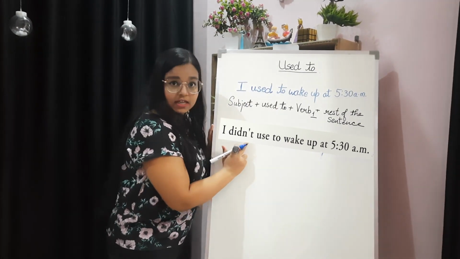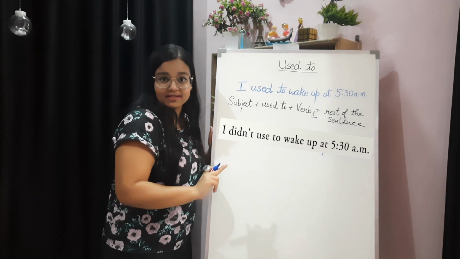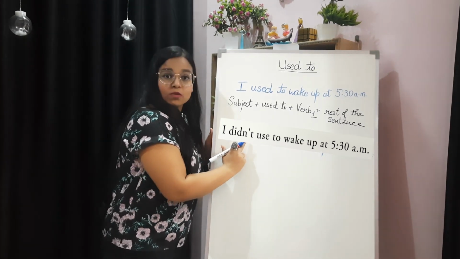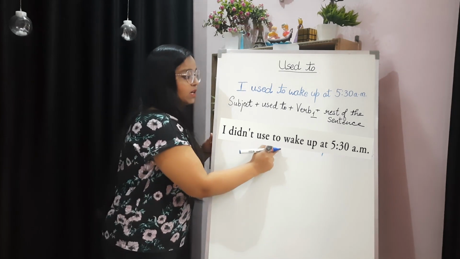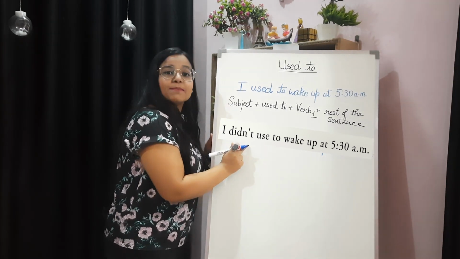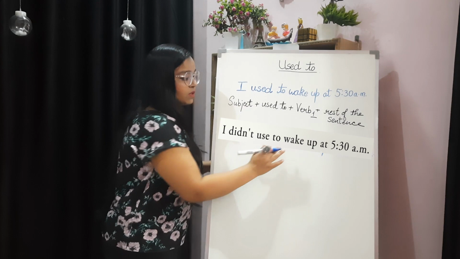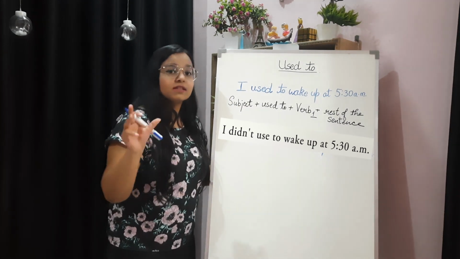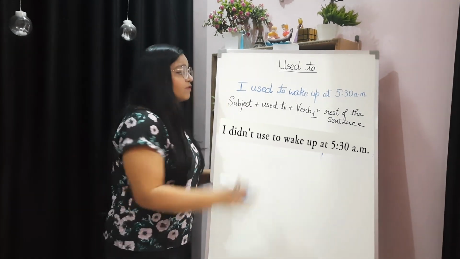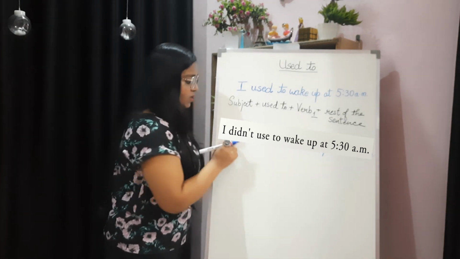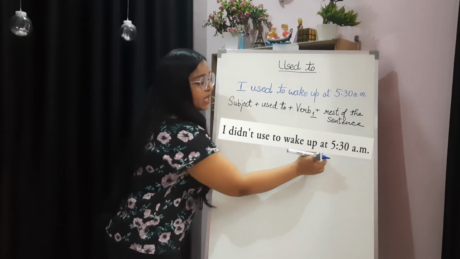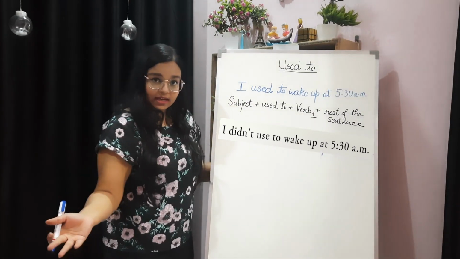Because did is already in the past tense. When one verb is in the past tense, we don't use past tense for the other one. It's already in the simple past, so we can't use another verb in the simple past. That's the rule. So that's why we will not use used to. We will use use to. So I didn't use to wake up at 5:30 a.m.